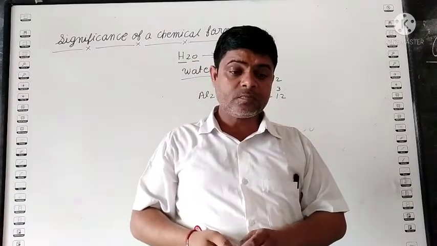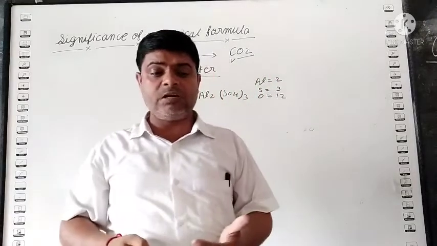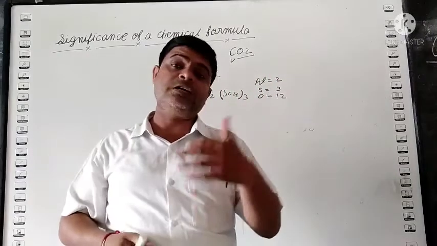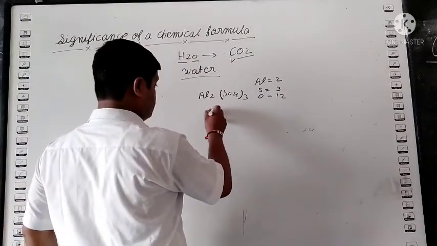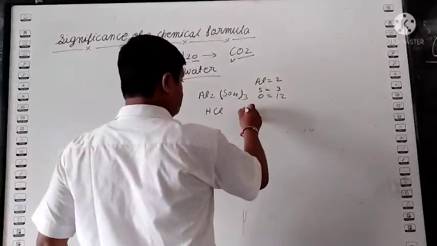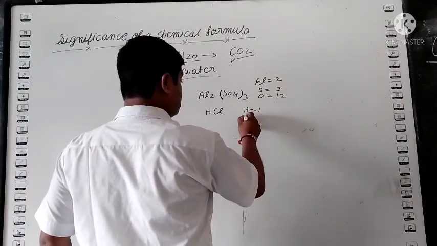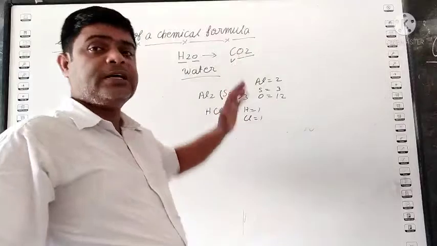Clear? One molecule of the compound. Suppose you write HCl, how many hydrogen atoms? 1 hydrogen atom and 1 chlorine atom. So these are the significance of the formula.